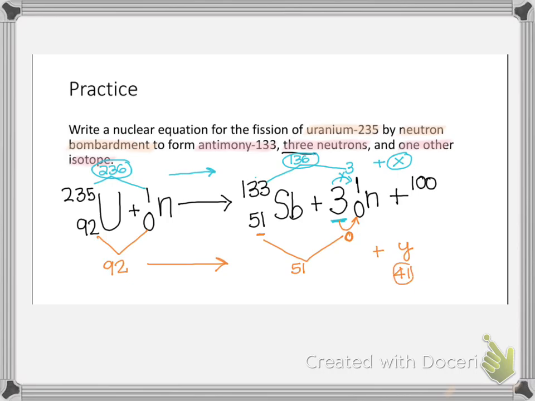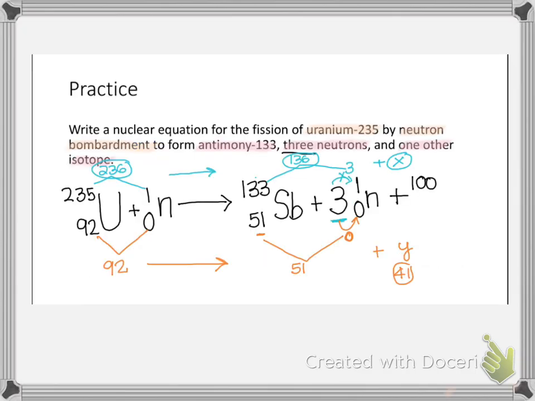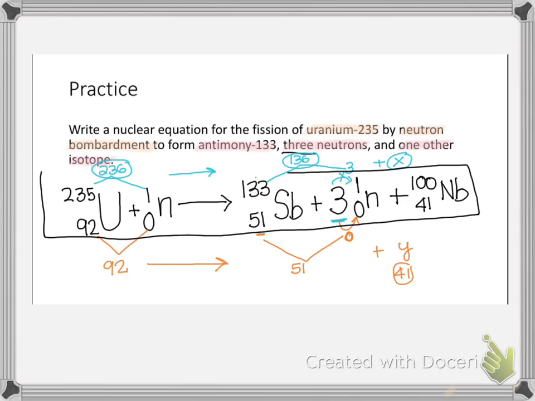So let's go to our periodic table, and we're going to find element 41. So where are we? Niobium, right there. So we'll go back. So it has 41, and it's niobium. So this right here is the nuclear equation that they have described.